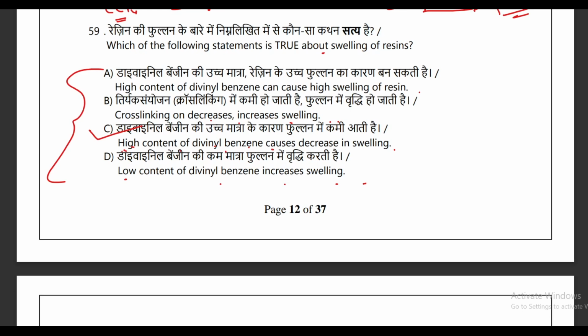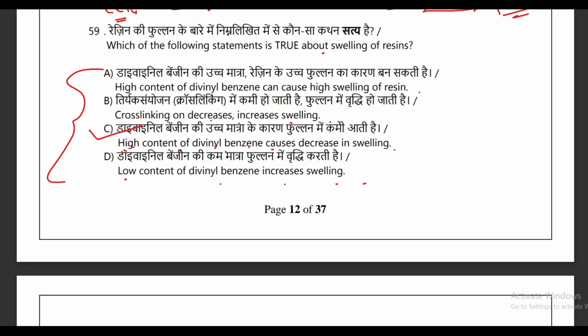Actually, divinyl benzene is a cross-linking agent, and when the content of divinyl benzene in a resin increases, it leads to more cross-linking within the polymer structure. Higher cross-linking results in a more rigid and less flexible network, which typically reduces the ability of the resin to swell.